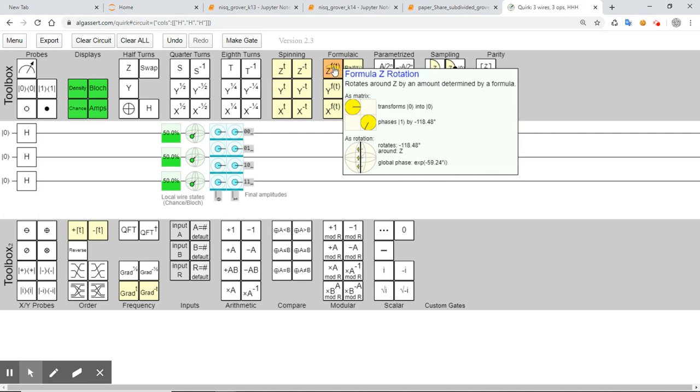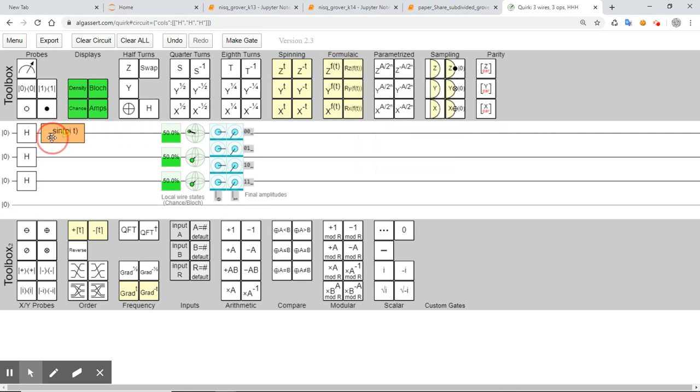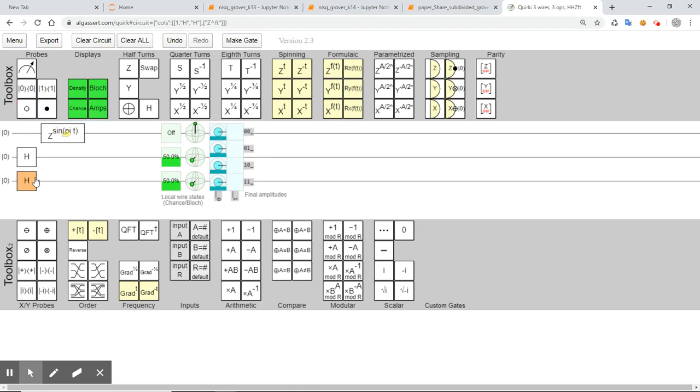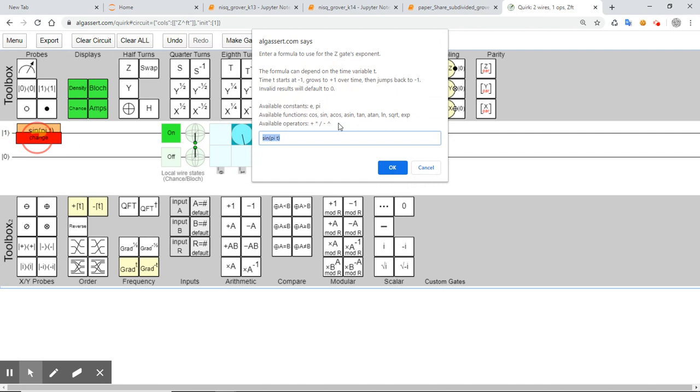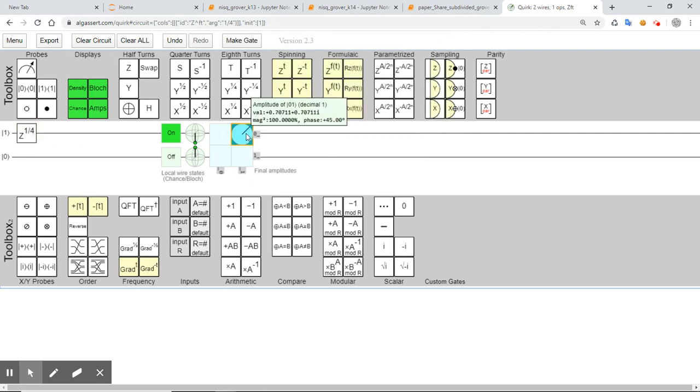So if I rotate a qubit by 1/4, I get these in here, right?